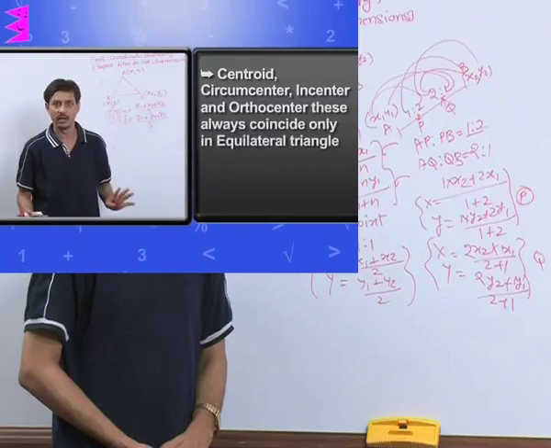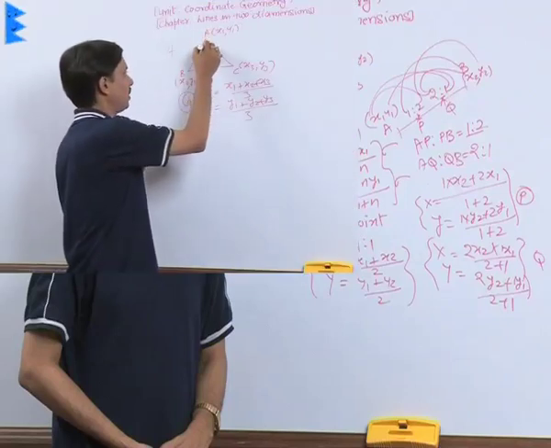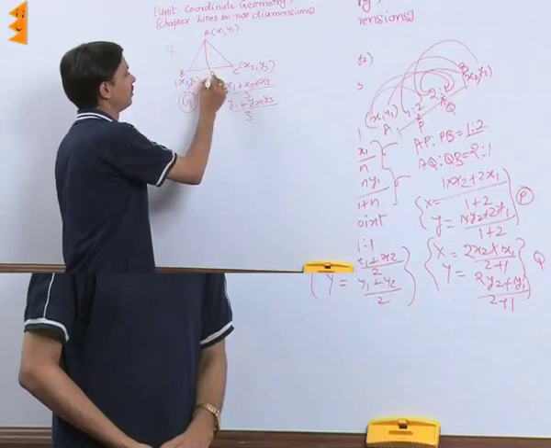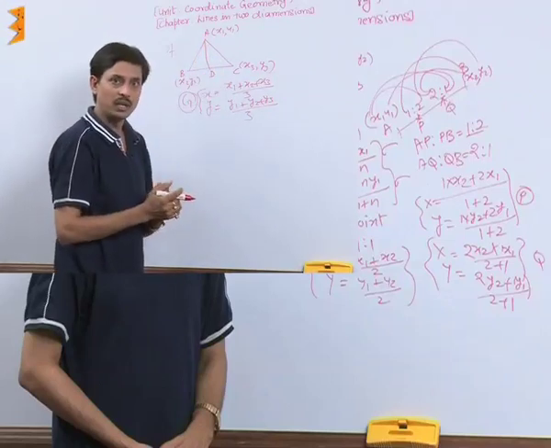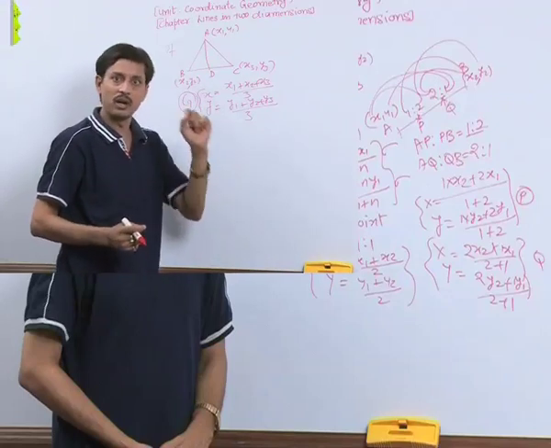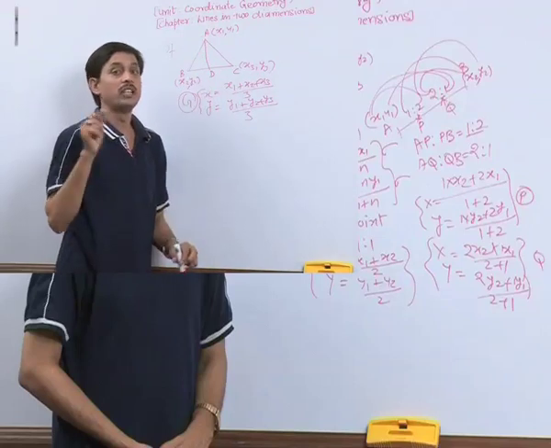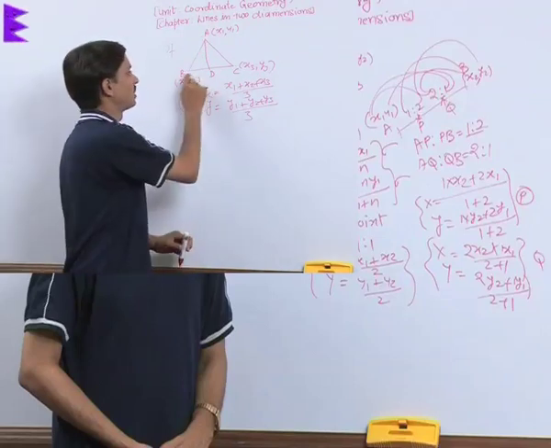The centroid, circumcenter, incenter and orthocenter always coincide only in an equilateral triangle. Here, let me draw the first median, that is AD. Let AD be the first median. The definition of a median is the line segment in a triangle which starts from any vertex and joins the midpoint of the opposite side.